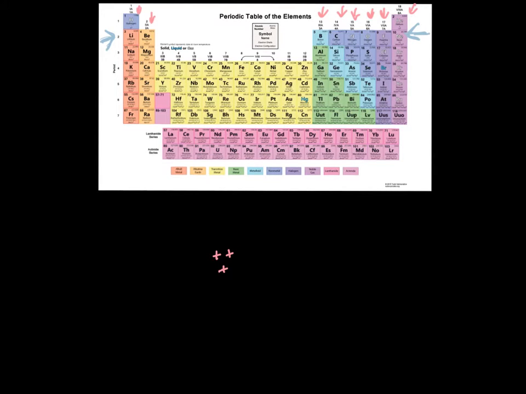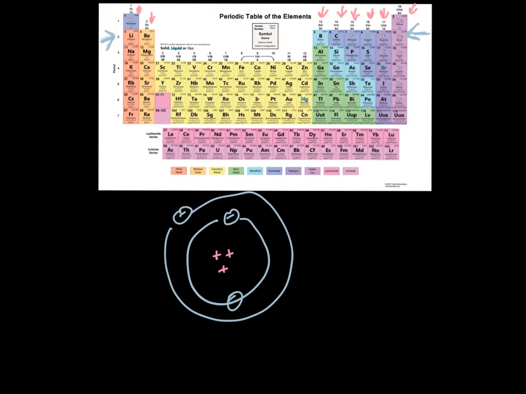The nucleus is going to pull in 3 electrons, 1, the first energy level, 2, it's full, so what is it going to do? It's going to pull another one in the next energy level. Let me draw this a little better. So in the first energy level it has 2, in the second energy level it has a third one. All right, so that's lithium.